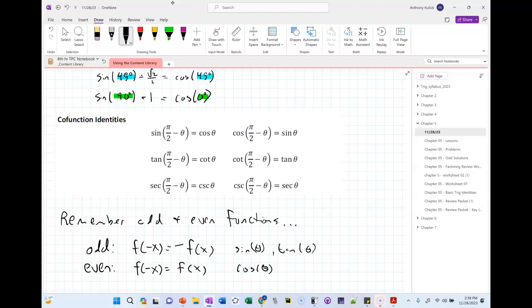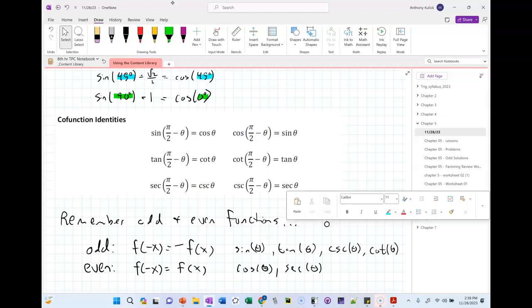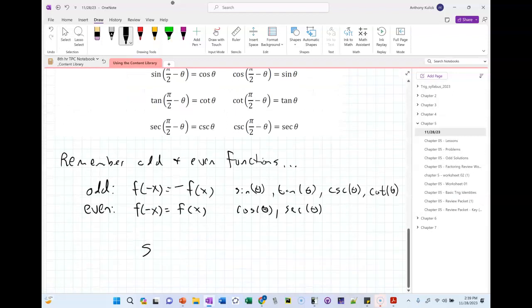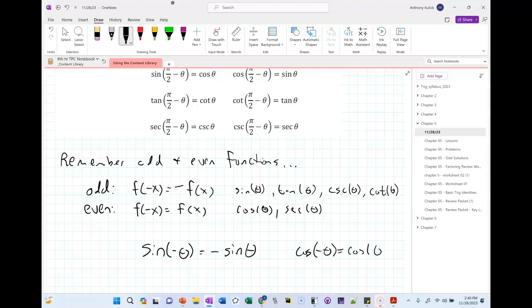And if a function is even, its reciprocal should be even, so secant is even. And if it's odd, its reciprocal should be odd, so cosecant and cotangent should be odd. So as a result, sine of negative theta should equal negative sine theta, and cosine of negative theta should just be cosine of theta.